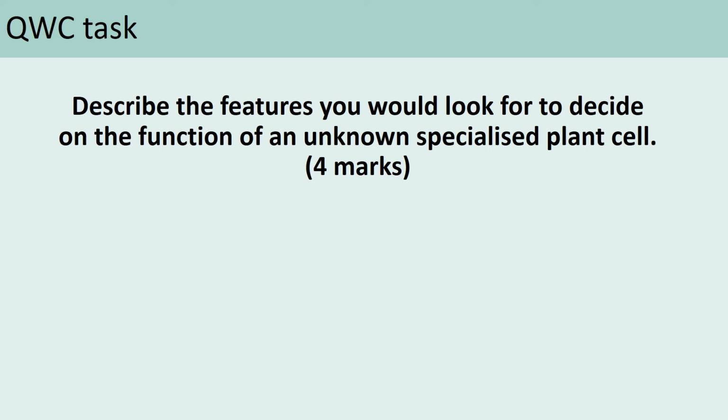So what that means is if you were given a specialized cell from a plant that you didn't know, what structures would you look at inside the cell to decide what its function is going to be? Okay, and I've put this down as 4 marks, but there's lots of different things that you could talk about. So I'd like you to pause the PowerPoint at this point and have a go at answering that question as best you can.